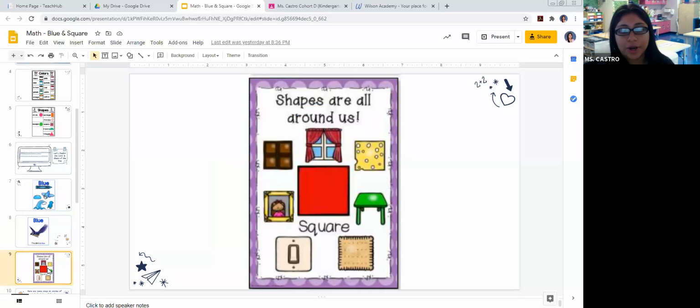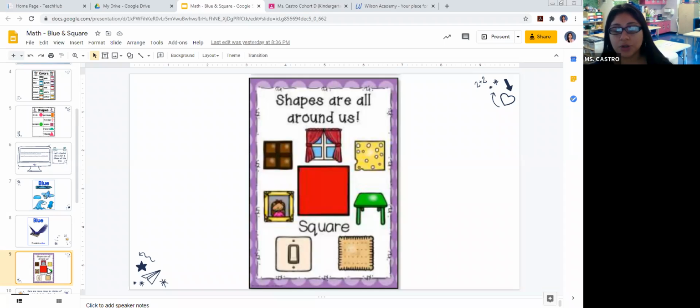Now, there are many shapes all around us. I just showed you one type of shape that I have here in my class. You might have some objects in your home that have the shape of a square. Here are some other examples of objects that are also in the shape of a square. Who would like to raise your hand and share with us one object that is the shape of a square here on the screen?